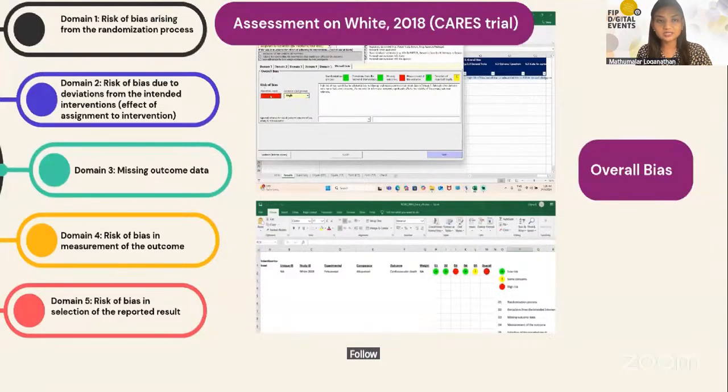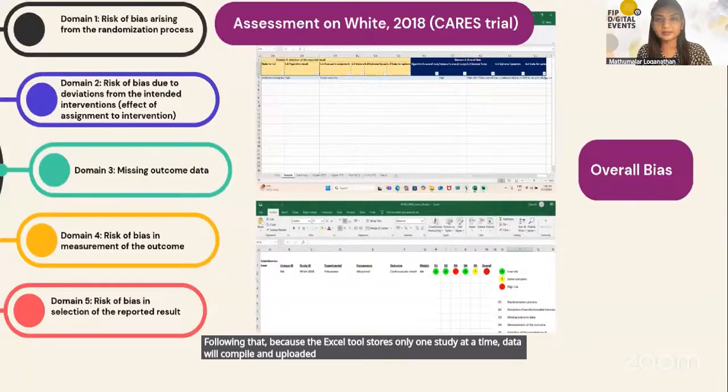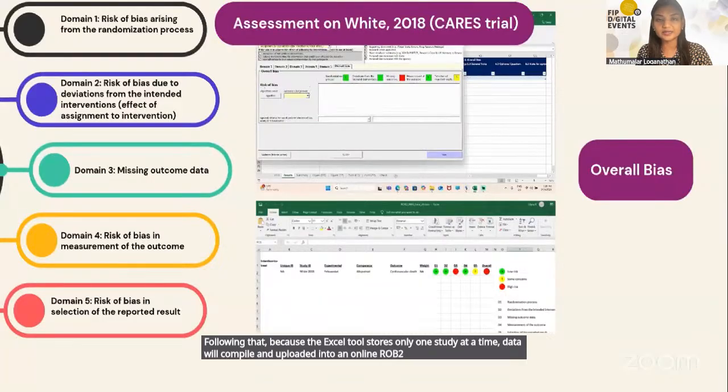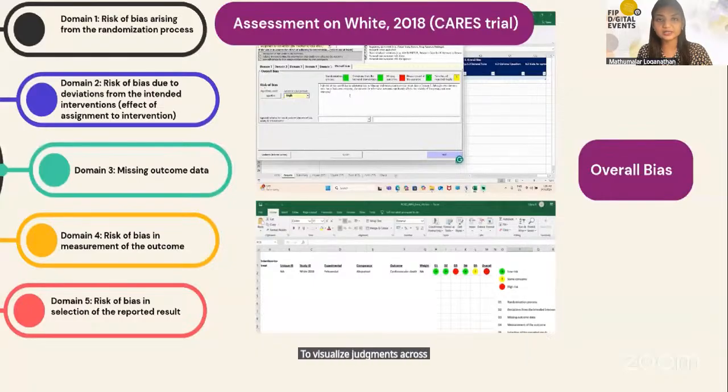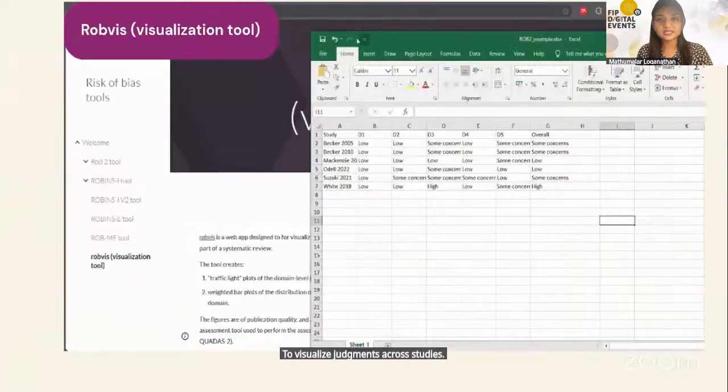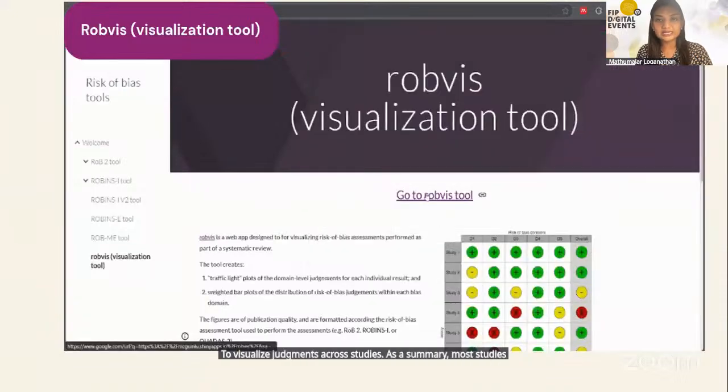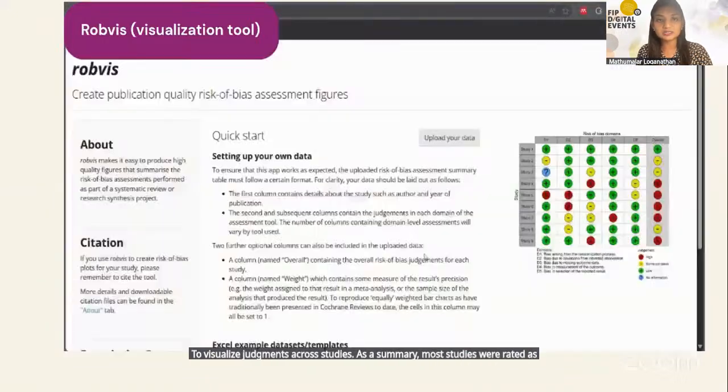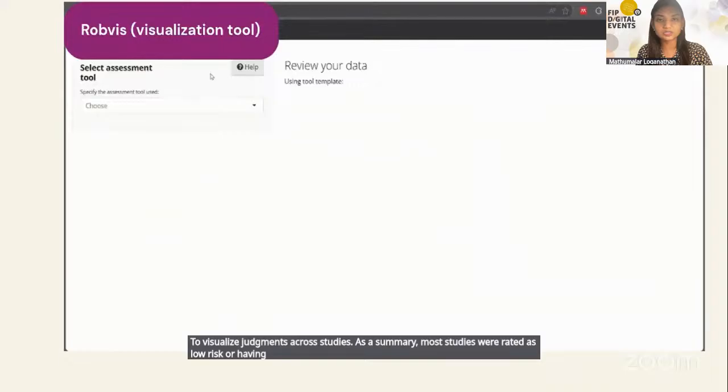Following that, because the Excel tool stores only one study at a time, data were compiled and uploaded into an online ROB2 traffic light plot generator to visualize judgments across studies. As a summary, most studies were rated as low risk or having some concerns.